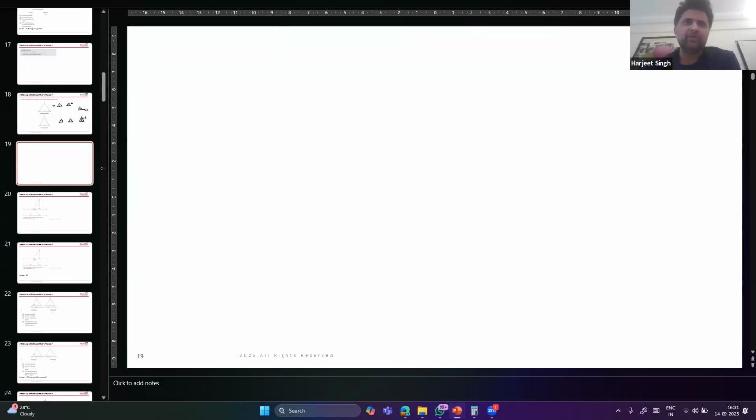Now, I told you one rule in which I said if the two angles are equal, then the opposite sides are also equal, right? This is only possible if you know that one of the sides of the triangle is equal, which means here we are talking about the congruence concept.